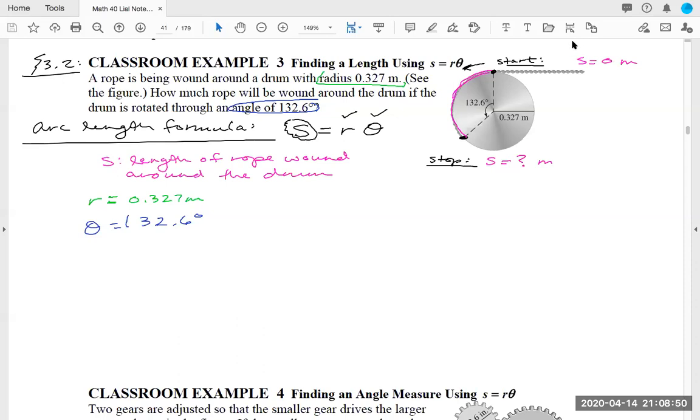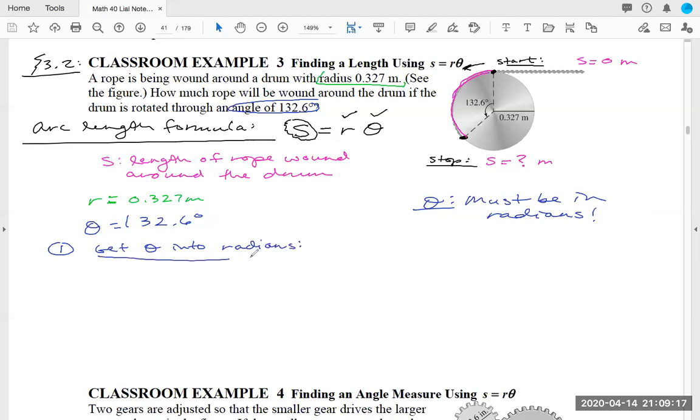Now, you have to know this about the arc length formula: theta must be in radians when you plug it in. So the first thing we're going to do is get theta into radians.